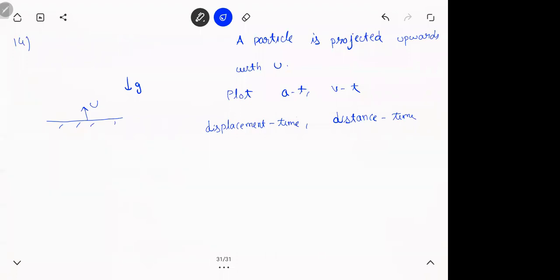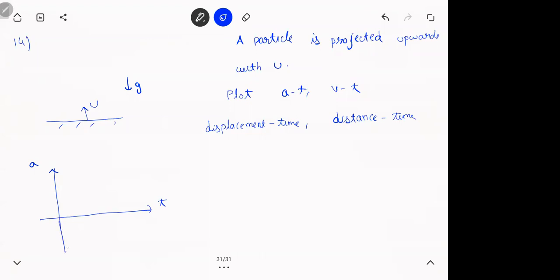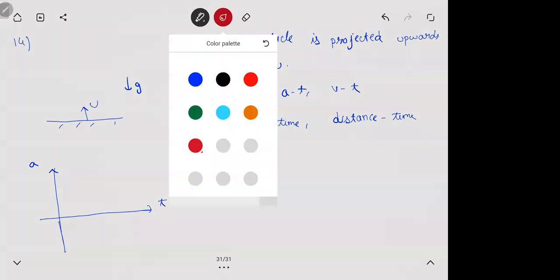Let me show you. The first one is easy. Everyone should have got the AT graph. Tell me one thing. When it is going up and while coming down, what is the acceleration? Anyone? Minus g, no? Right? While going up and while coming down, acceleration is minus g. So meaning it's constant.